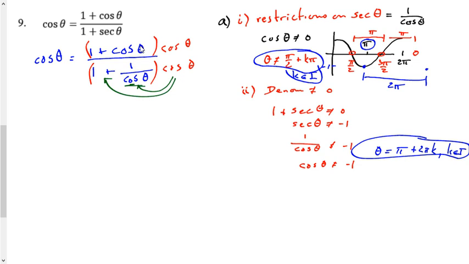I could expand it, but what I'm going to find later is that I'm going to end up factoring this out again. So because my goal was to get rid of this fraction with the cos theta in the denominator, here I will distribute. Because I just had to do it here in the numerator, I'm not going to distribute, I'm going to leave it in factored form. And then you'll see what happens as I continue.